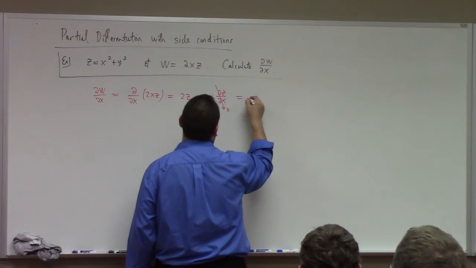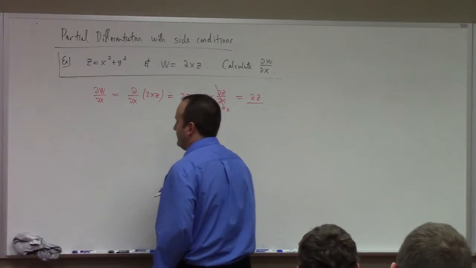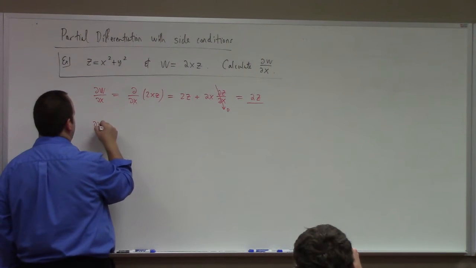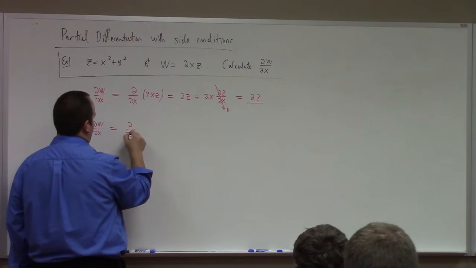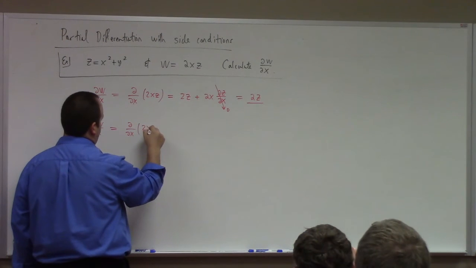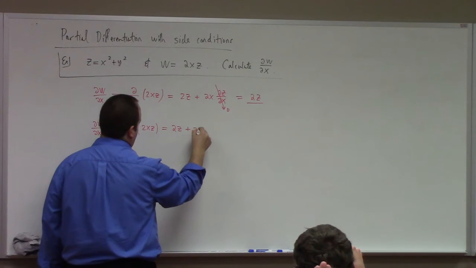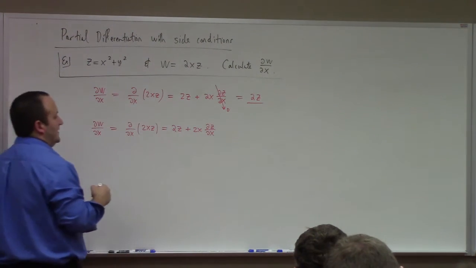We just get twice z. But what if z is not independent from x?